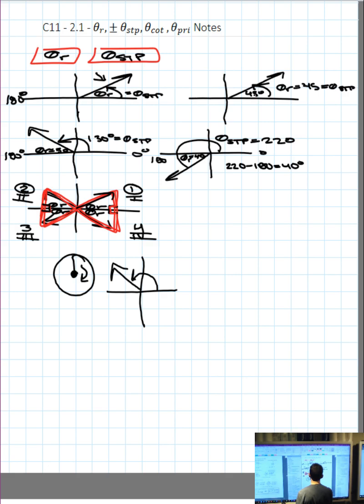Well, this theta STP is going against clockwise, so it's counterclockwise, CCW. Theta STP is CCW, counterclockwise. And for example, you could figure out what that angle is. If the reference angle was 50, 180 minus 50 is 130.